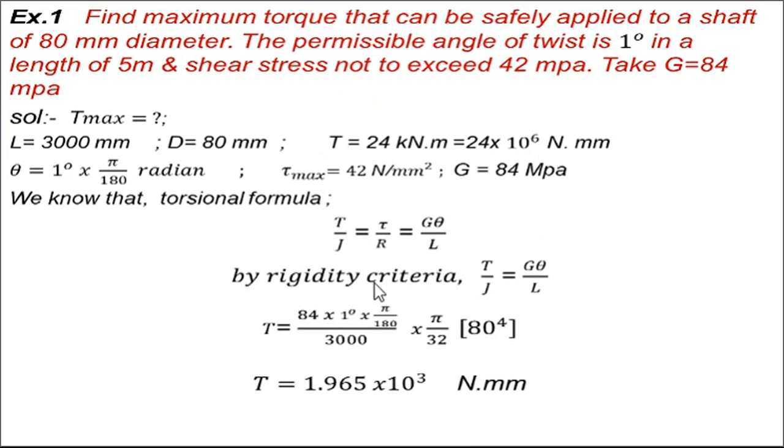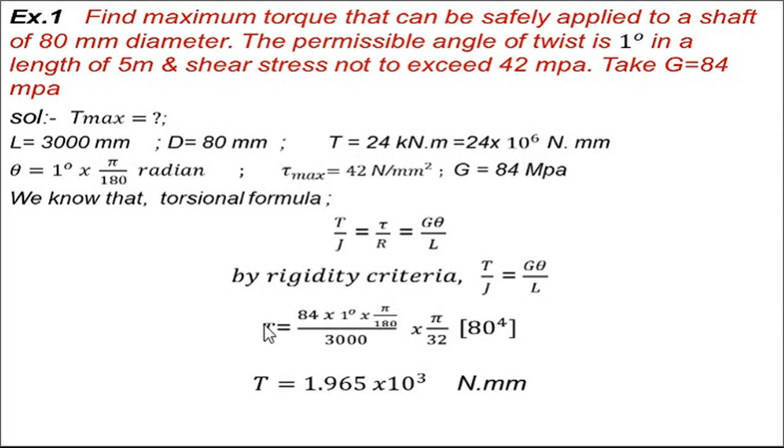First, the rigidity criteria. We know the formula T upon J is equal to G theta divided by L, so there is only one unknown, that is capital T. The value shown here is not there in the problem, so just scratch it.